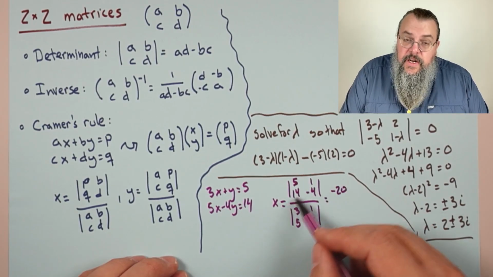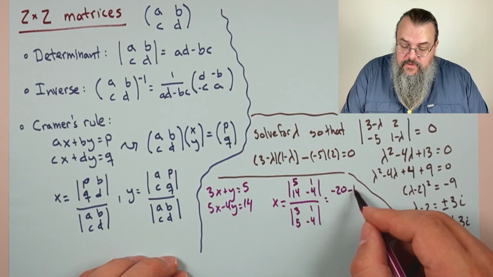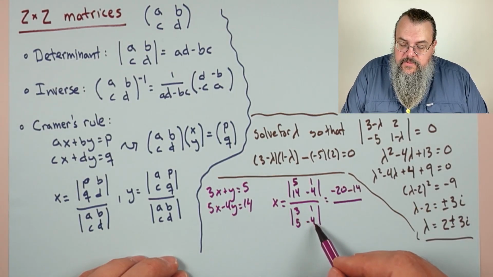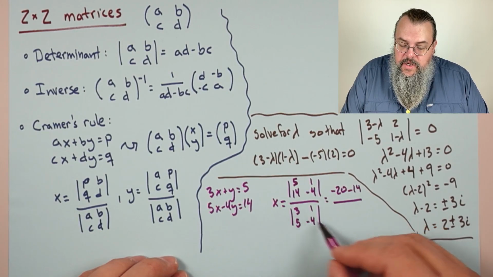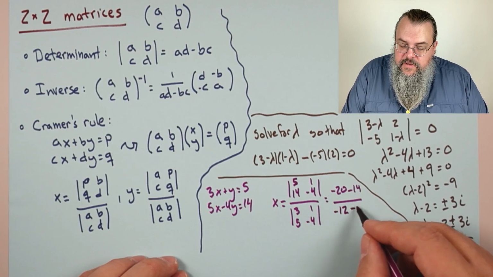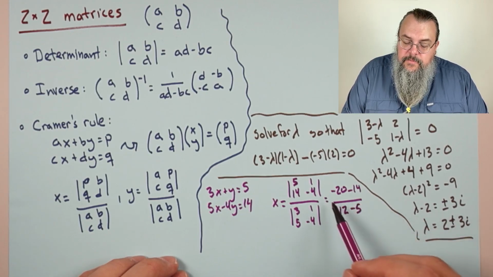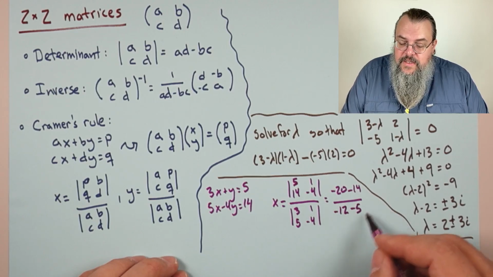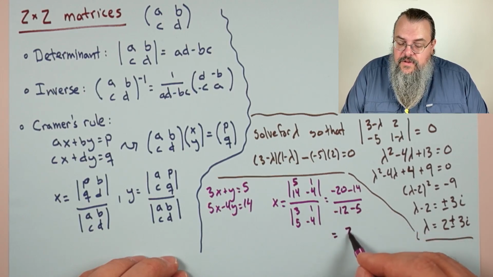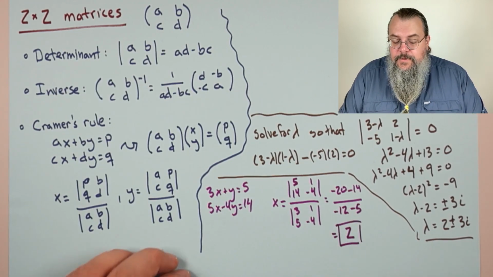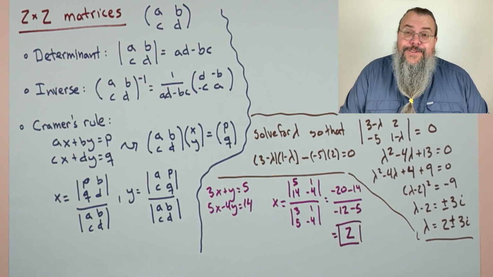And then we're going to subtract 14 times 1, so that's minus 14. We get 3 times negative 4, that's minus 12. Subtract 5 times 1 is minus 5. So what do we have? Minus 34 over minus 17 gives us 2. And we're done. And in a similar way, you can solve for y.